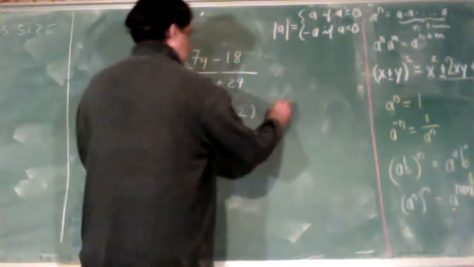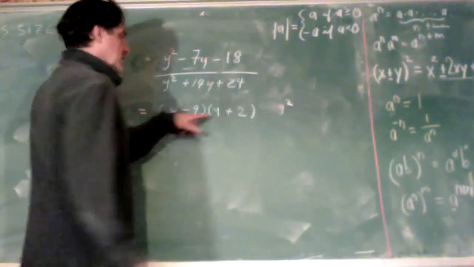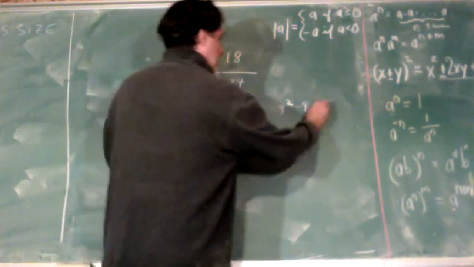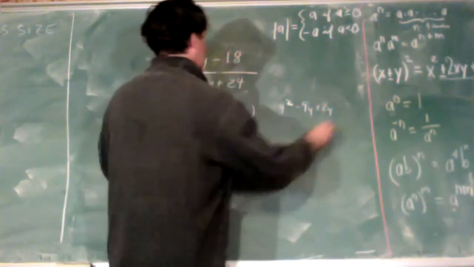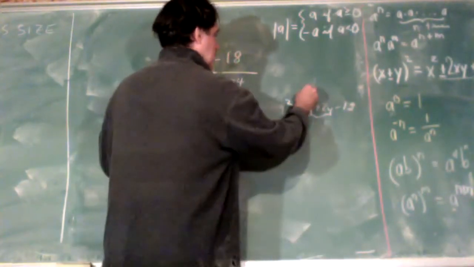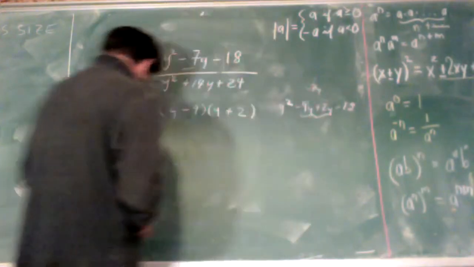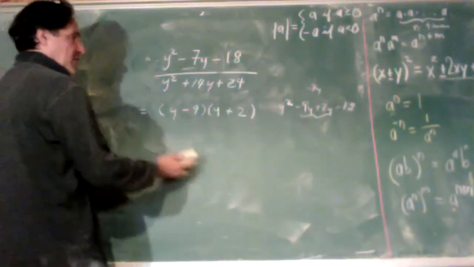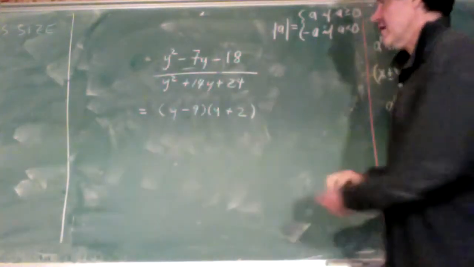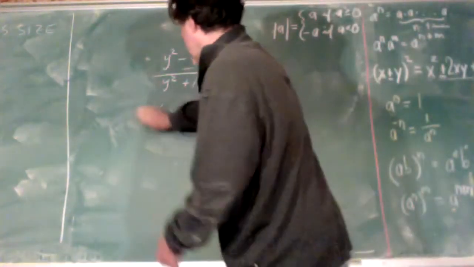We get y squared minus 9y plus 2y minus 18. Minus 9y and 2y sum to minus 7y. So my factorization of the numerator is correct.